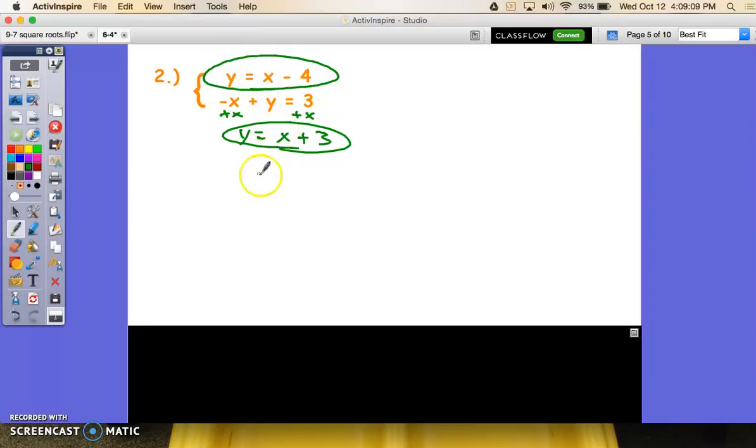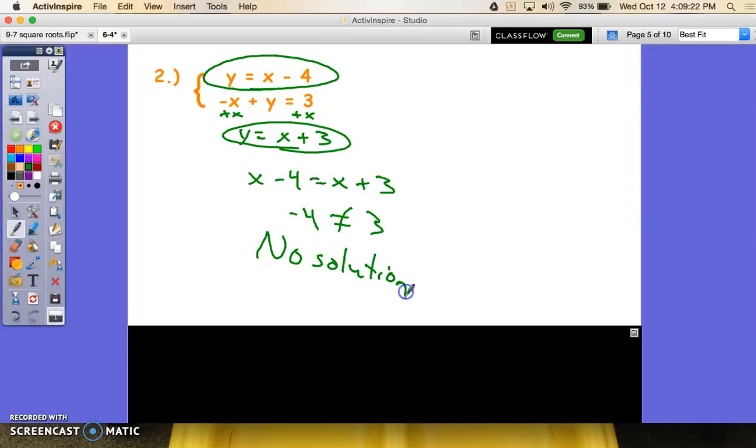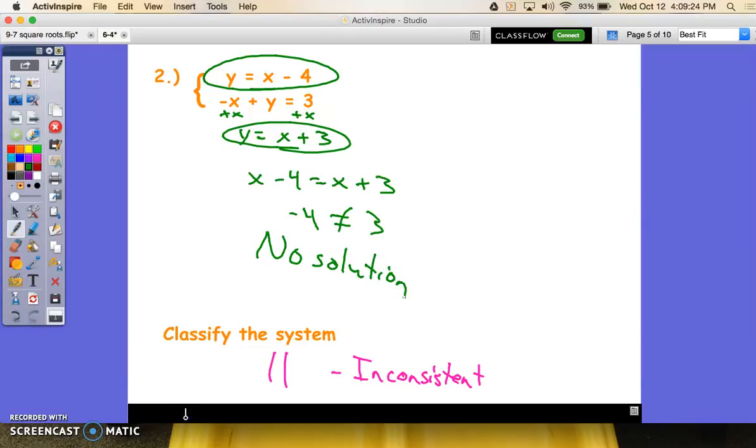Slopes of 1, once again. If you don't realize that, you could use substitution and hopefully see here, negative 4 does not equal positive 3, therefore there is no solution, and they would once again be classified as inconsistent.